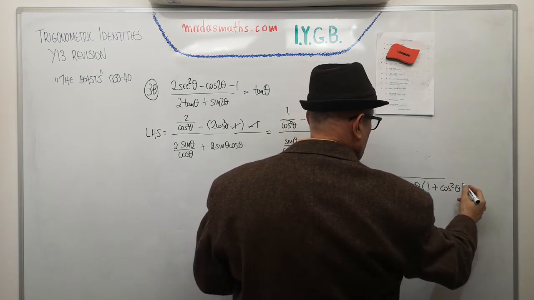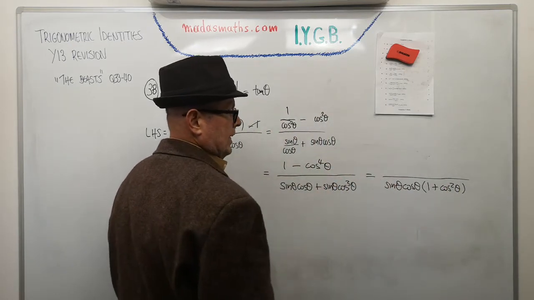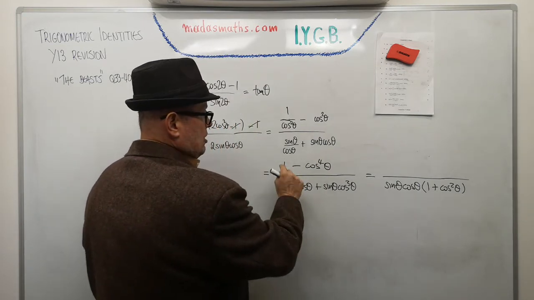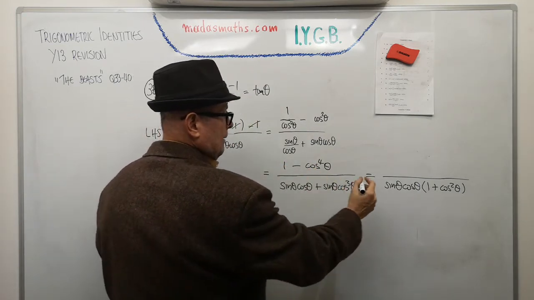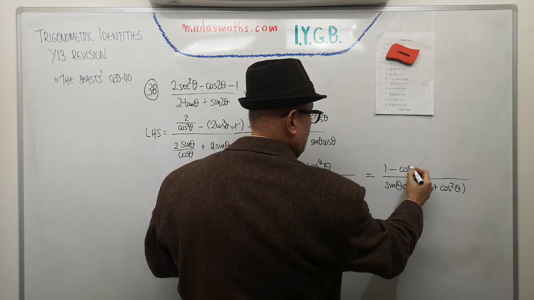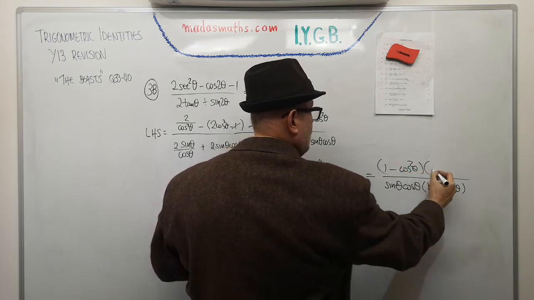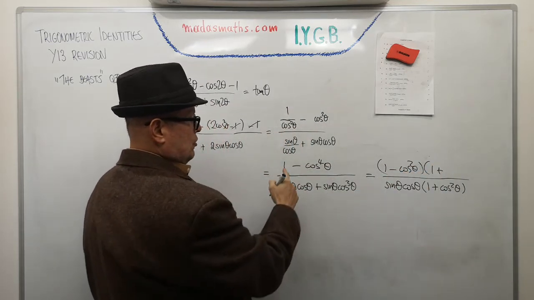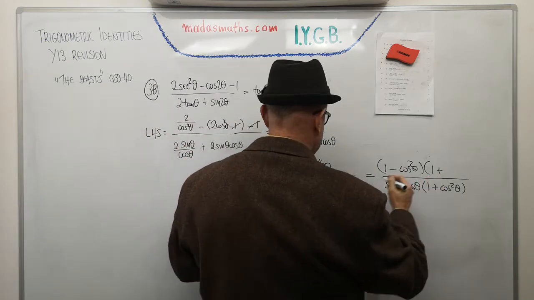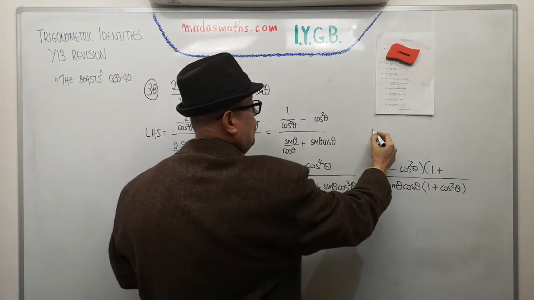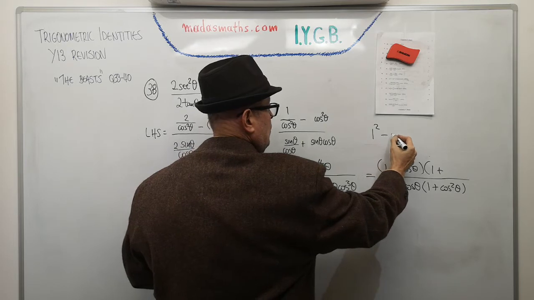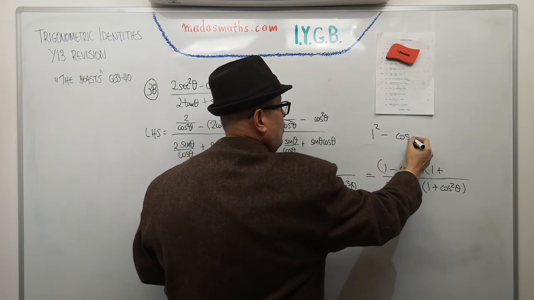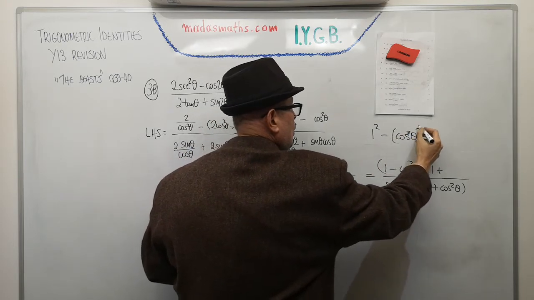This works because I can see my numerator now, the difference of squares. So that's 1 minus cos squared theta, 1 minus cos squared theta, 1 plus sine squared theta. Can you see this difference of squares? Because cos to the 4, you can think of that as 1 squared minus the cos squared of theta all squared.